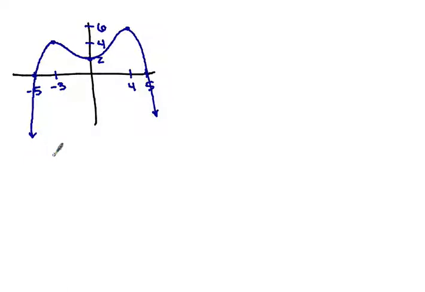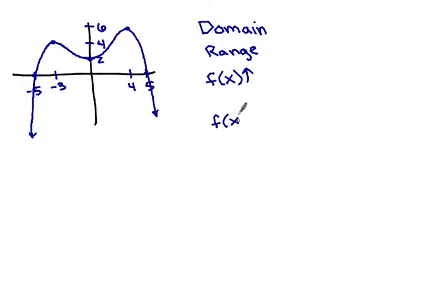So based on this function, I will ask you a handful of things. Things that are possible to be asked are domain, range, where it increases, where it decreases, where it's above or equal to 0, where it's below 0.